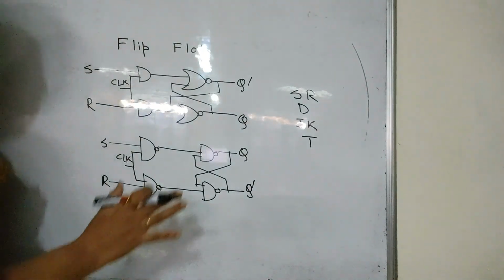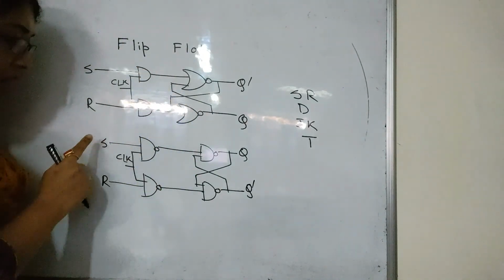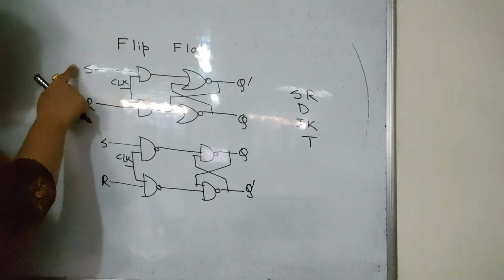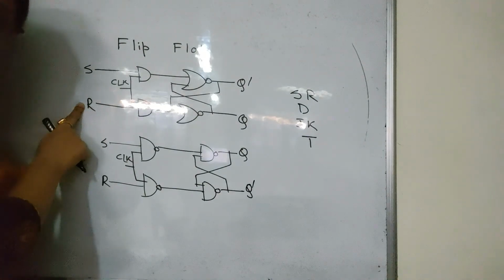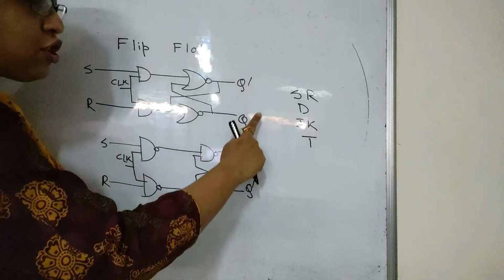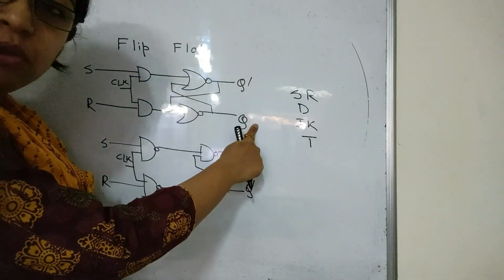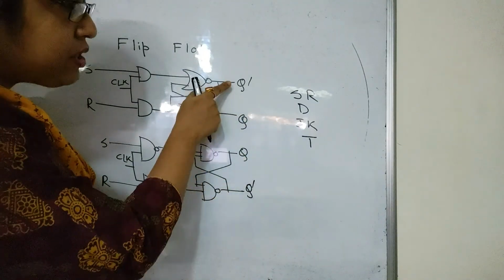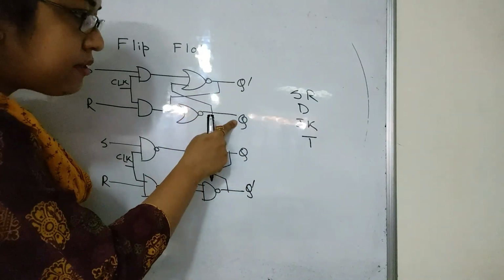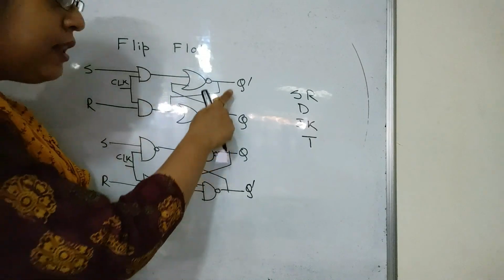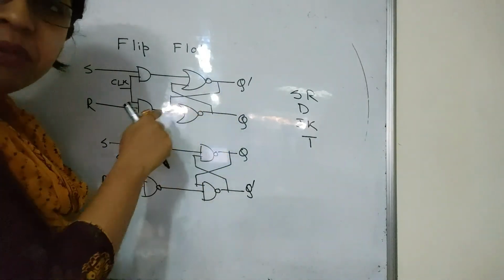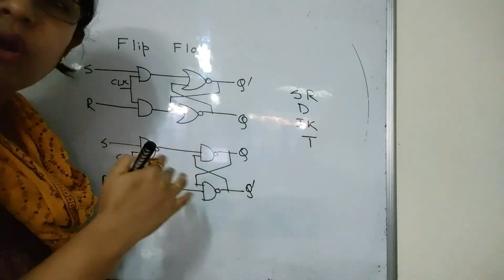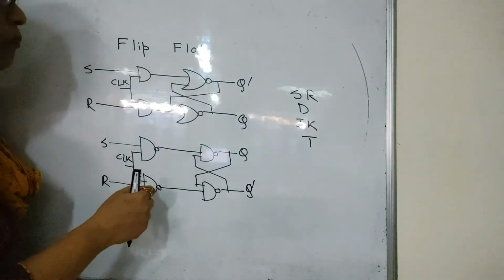Now, if we look at the diagram, S and R are the inputs to the flip-flop. Q dash and Q are the outputs of the flip-flop. This is Q complement and this is Q, which means these two would always be complements of each other.